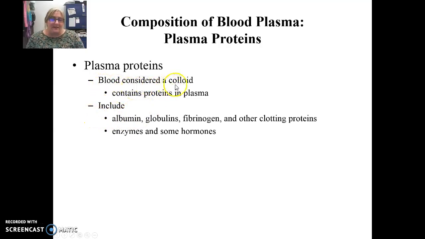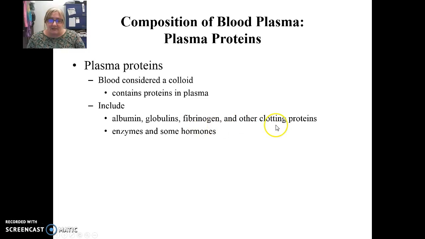So blood has a lot of proteins, so it's considered a colloid. And that means that it can exert a certain amount of colloid osmotic pressure to pull fluids back in.